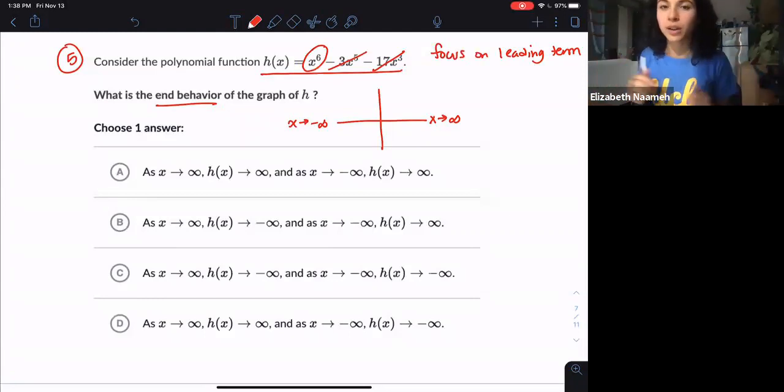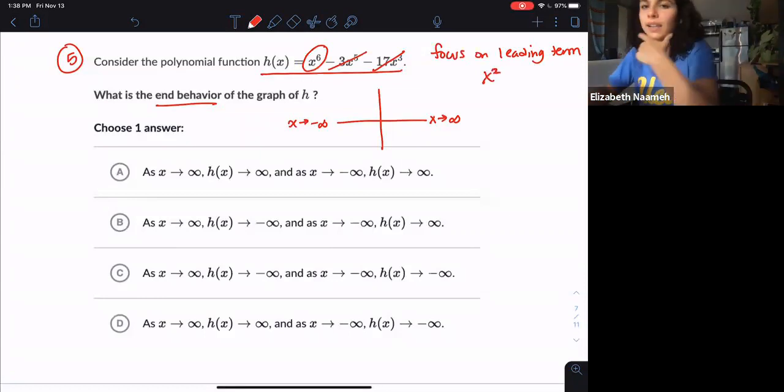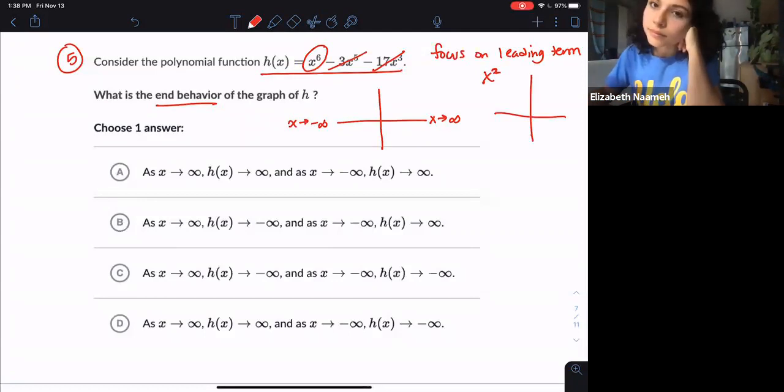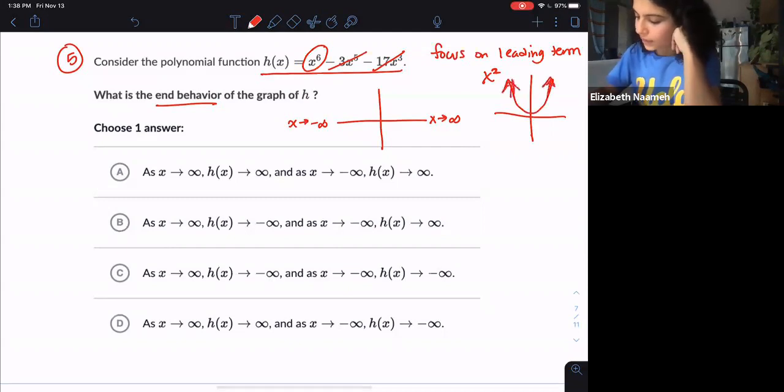If I have an even power, think of x squared as an example. How does x squared open? Do the ends go in the same direction or opposite direction? Well, we know x squared is a parabola, and both ends are going to open in the same direction.